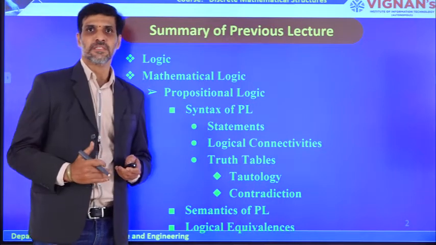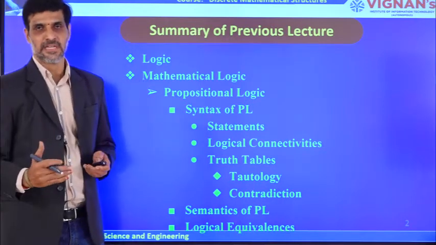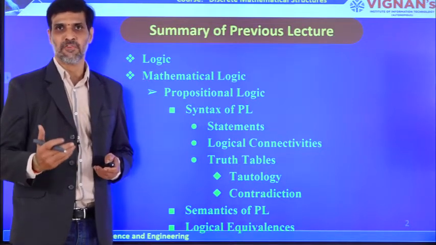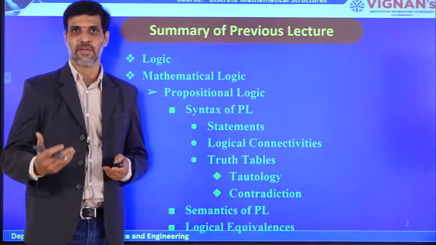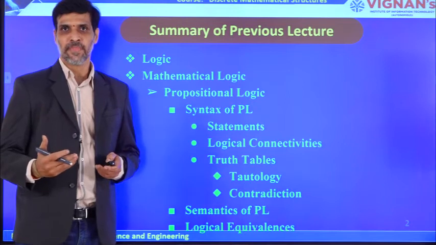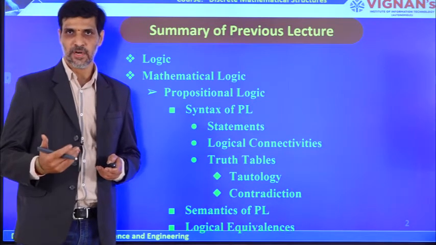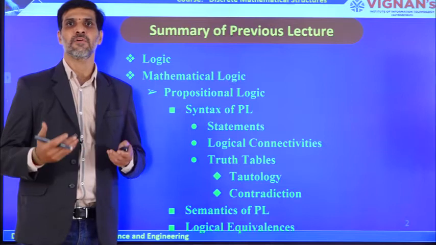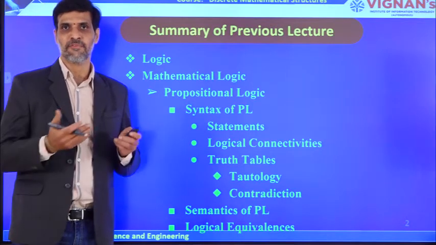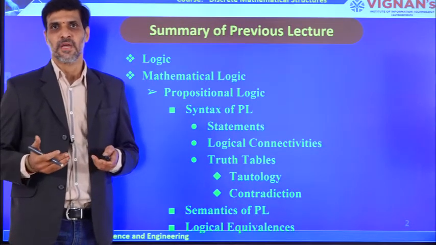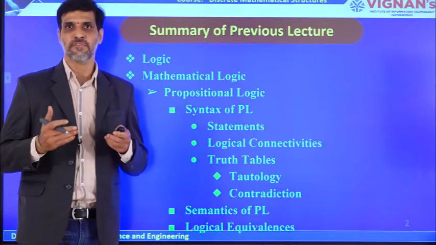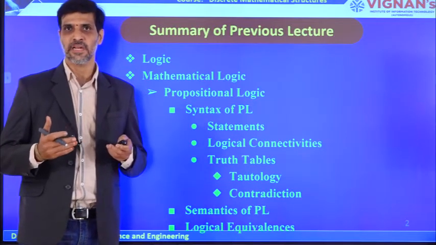Once we discuss the logical equivalence laws, then we discuss normal forms, also called canonical forms. We'll discuss what a normal form is, what the different types are, how to convert a given compound propositional sentence into one of these normal forms, and where we can use them. These are the things we are going to discuss in this lecture.